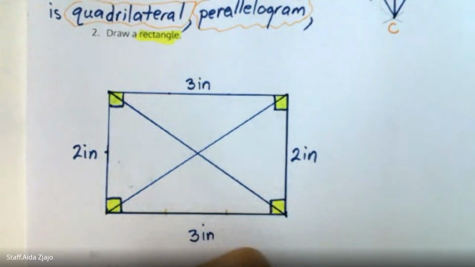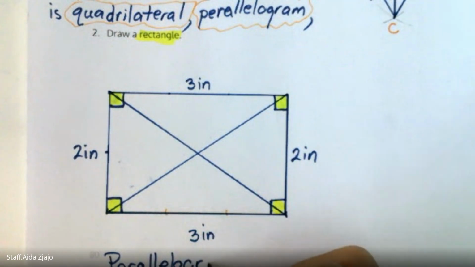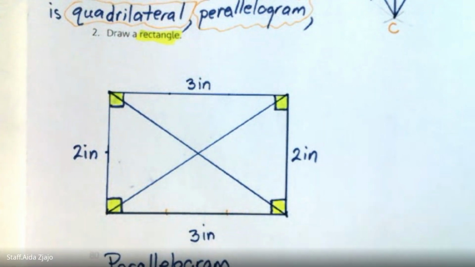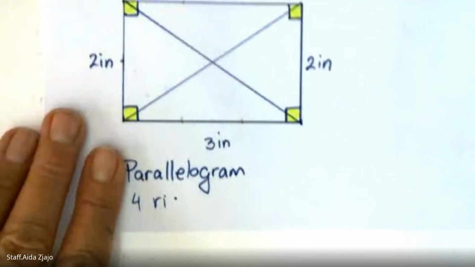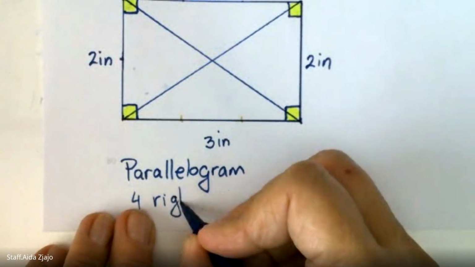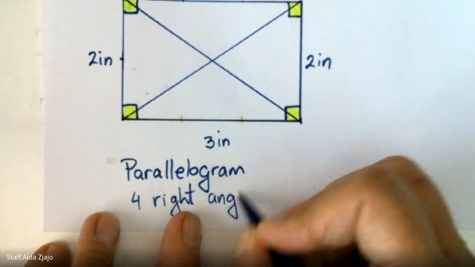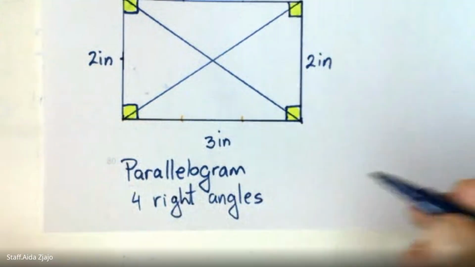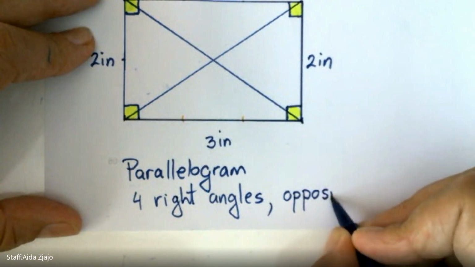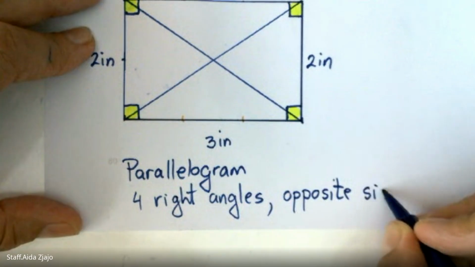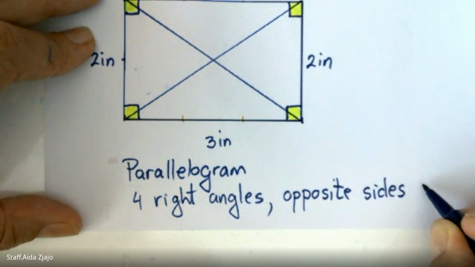This is a rectangle. A rectangle is a parallelogram with 4 right angles, and the opposite sides are congruent.